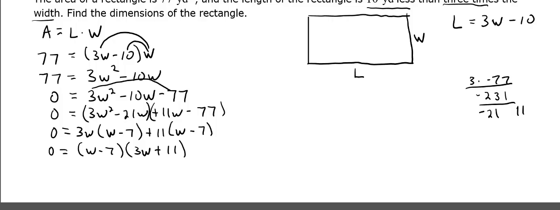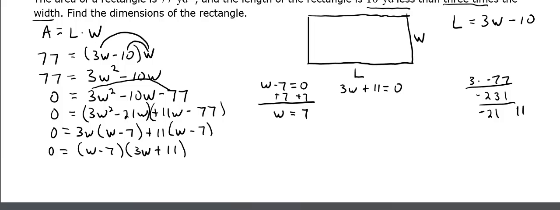Next, we set each factor to 0. So we set the W minus 7 to 0, as well as the 3W plus 11. Now remember, we're looking for how long our width and our length are. So our answers must be positive. For the first one, we're going to add 7 to both sides, and that gives us a width of 7 yards.